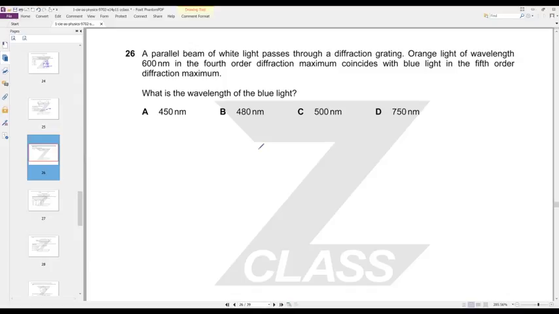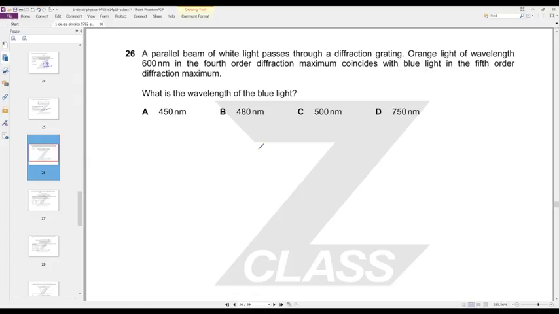A parallel beam of white light passes through a diffraction grating. Orange light of wavelength 600 nanometers in the 4th order diffraction maximum coincides with blue light in the 5th order diffraction maximum. What is the wavelength of the blue light? So the whole question is apparently utterly irrelevant, as far as I can tell.